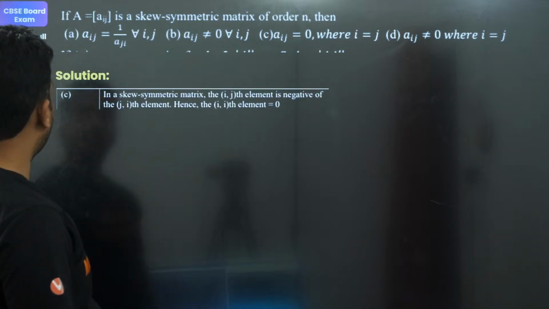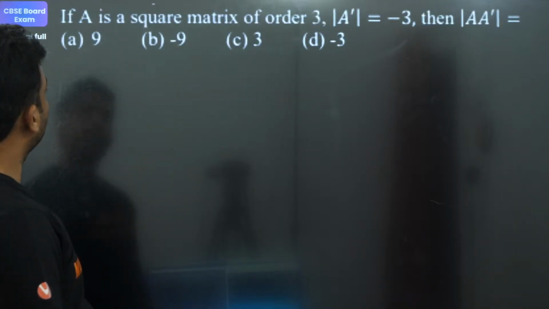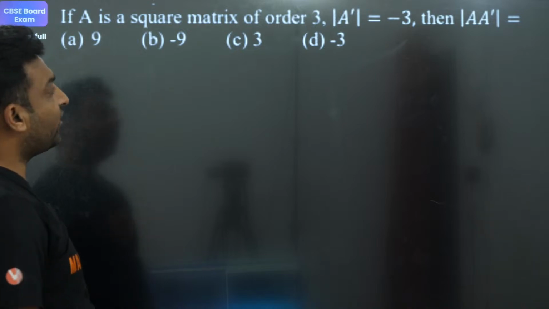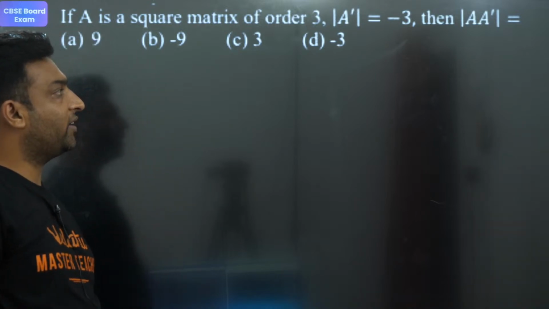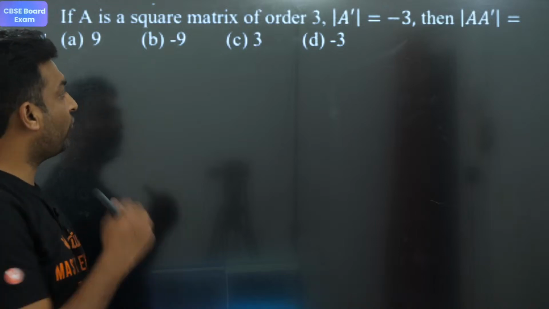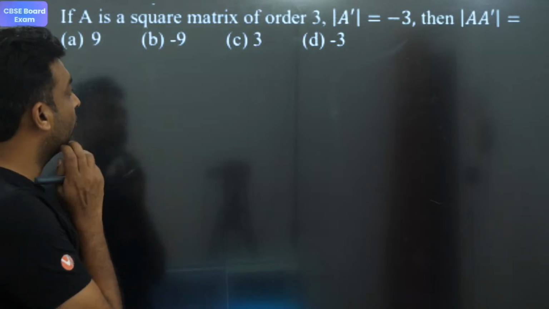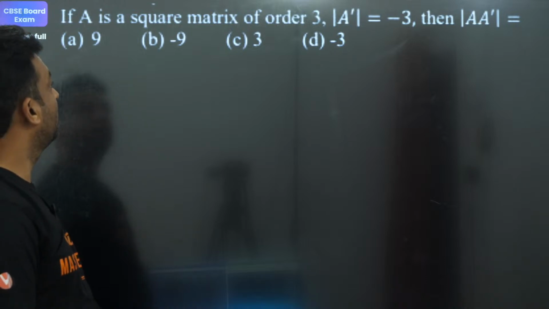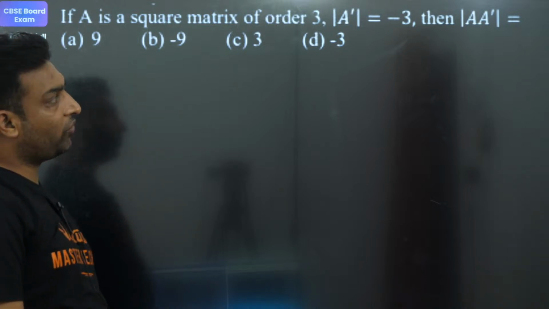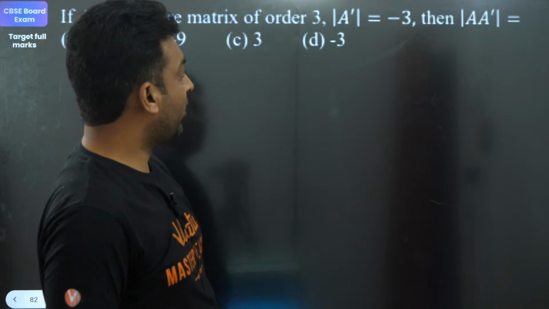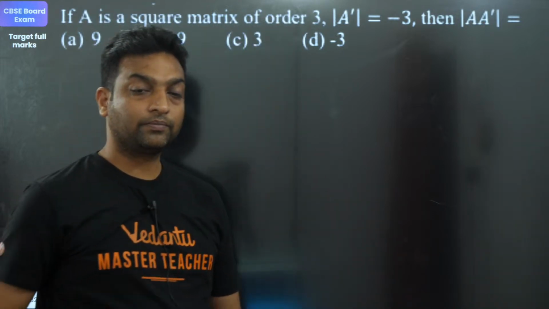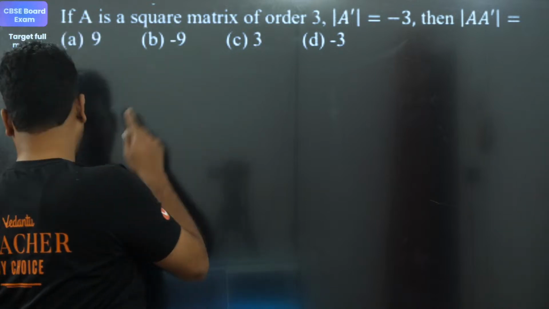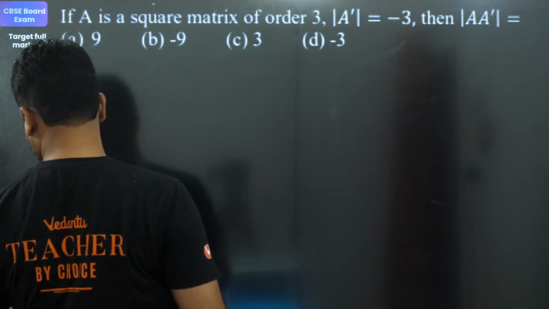Picture is not clear. If A is a square matrix, determinant of A transpose is -3. What is determinant of A into A transpose?